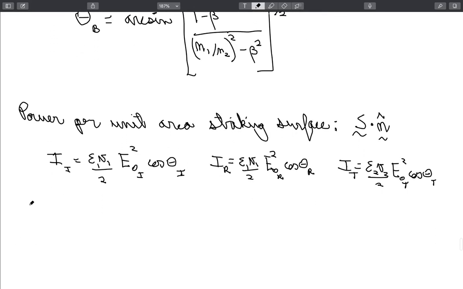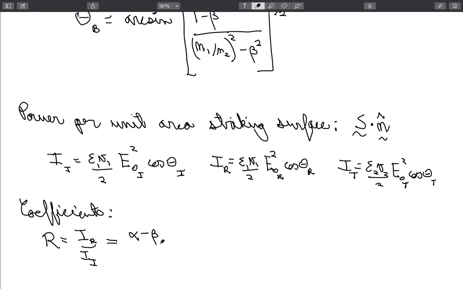For the coefficients of reflection and transmission, R is just the reflected versus incident intensities, and then it simplifies to this ratio, alpha minus beta over alpha plus beta, all squared.